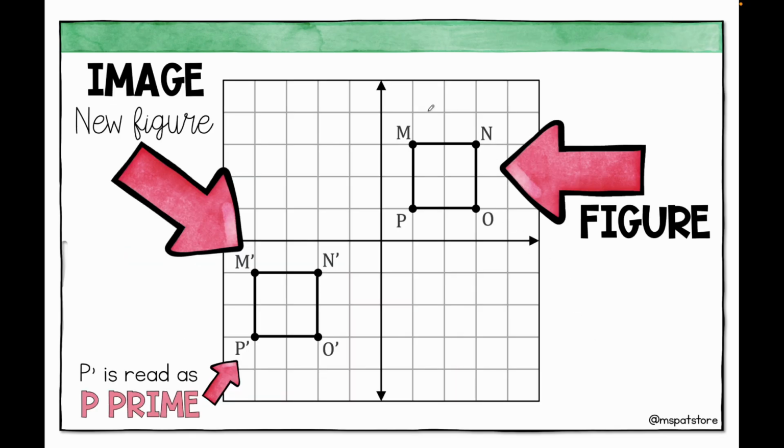This one is the original one, MNOP. This one is called a figure, all right? And this is the translation one. This is called the image. This one just slides this way, and this one created this new image that is called the image.